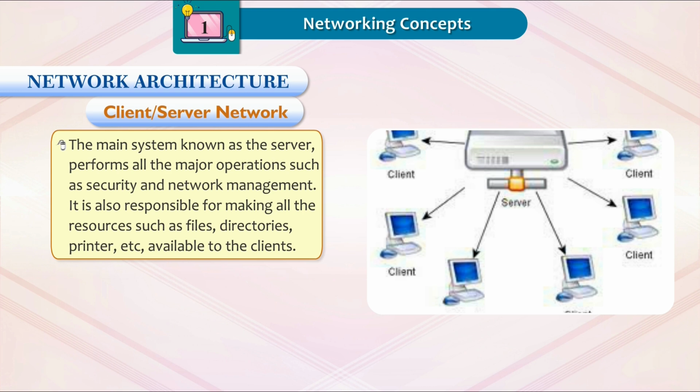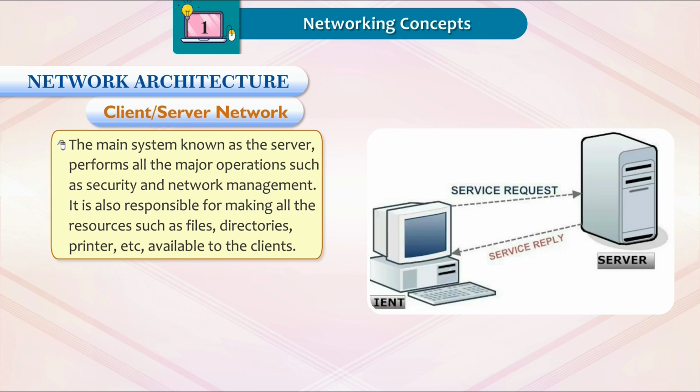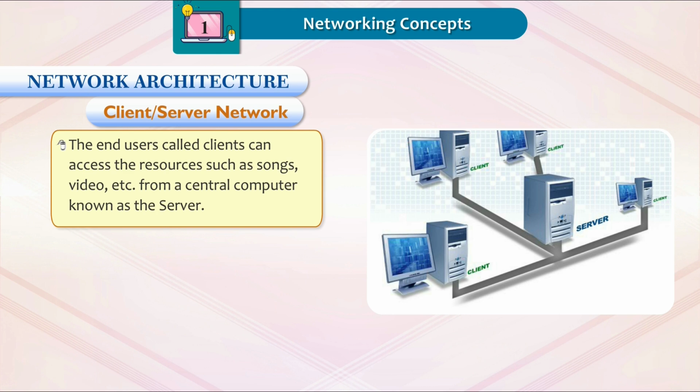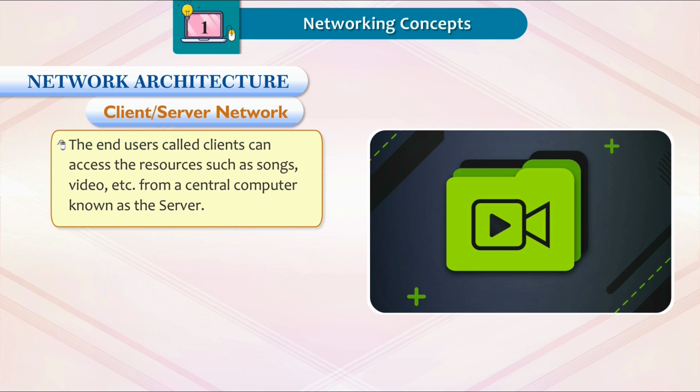It is also responsible for making all the resources such as files, directories, printer, etc. available to the clients. The end users called clients can access the resources such as songs, video, etc. from a central computer known as the server.